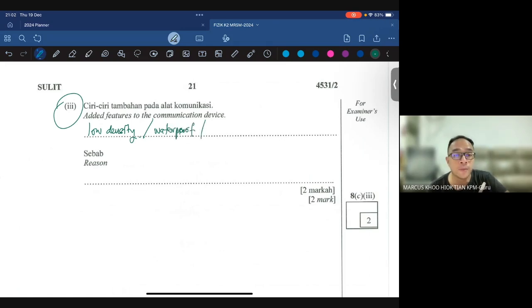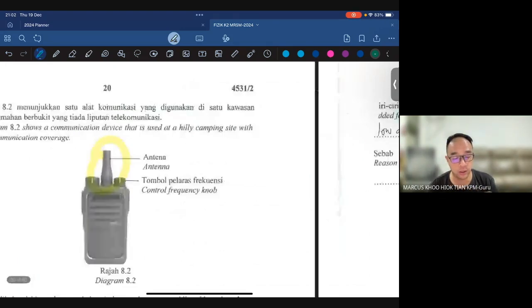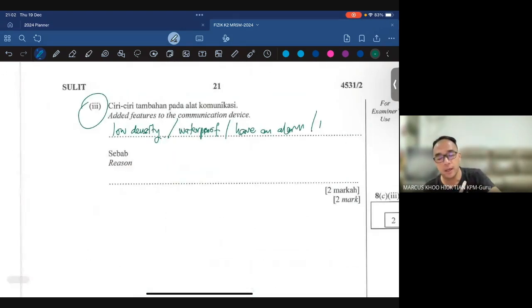Let me see. Waterproof. Yeah, I think that's a good one. Have an alarm. Okay. Wait, hold on. Communication device. Yeah. A better battery life.